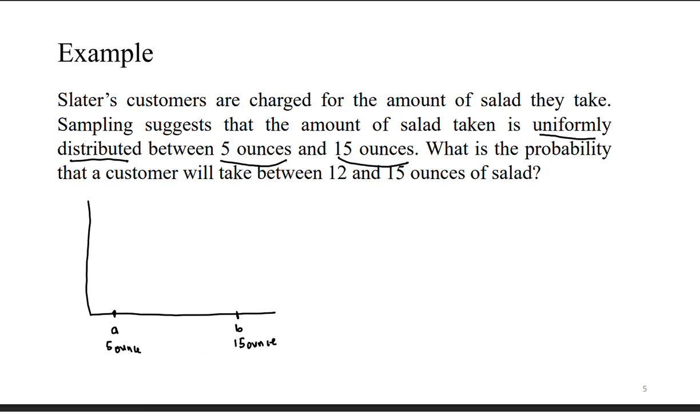So our uniform distribution here starts from a small value of 5 and goes all the way to a bigger value of 15. This is where it ends.